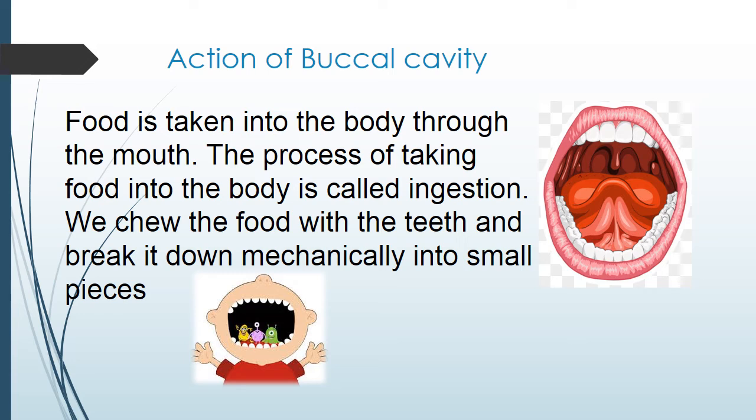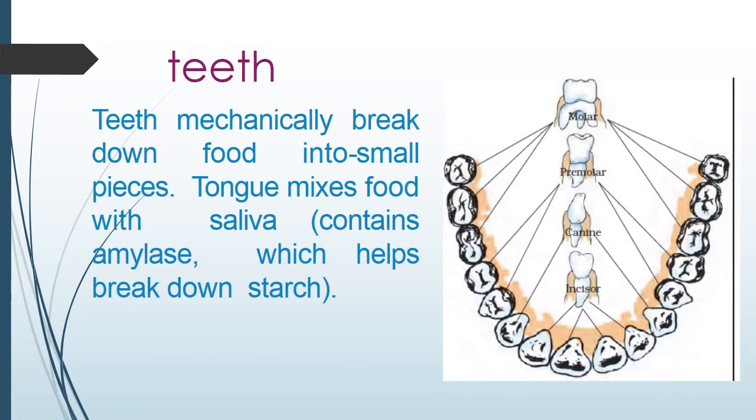The tongue has a very important function too. The tongue is also a part of the buccal cavity, and so are the teeth. Teeth mechanically break down the food into small pieces, and mix this with saliva.